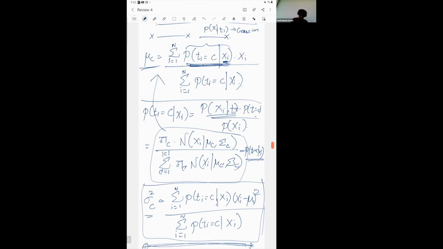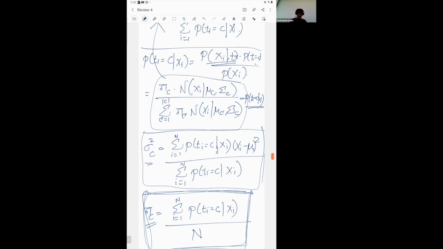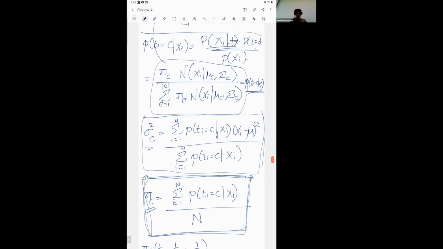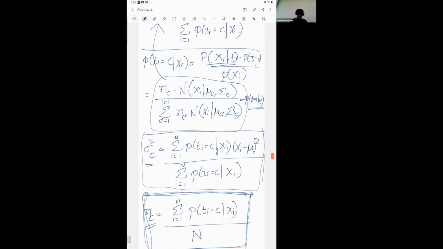But when you have your new means and your new standard deviation, your normal distribution itself changed. So again, you will update this pi c, the probabilities of your latent variable. So it's iterative: iteratively you would update your pi, and iteratively you would update your mu and sigma.